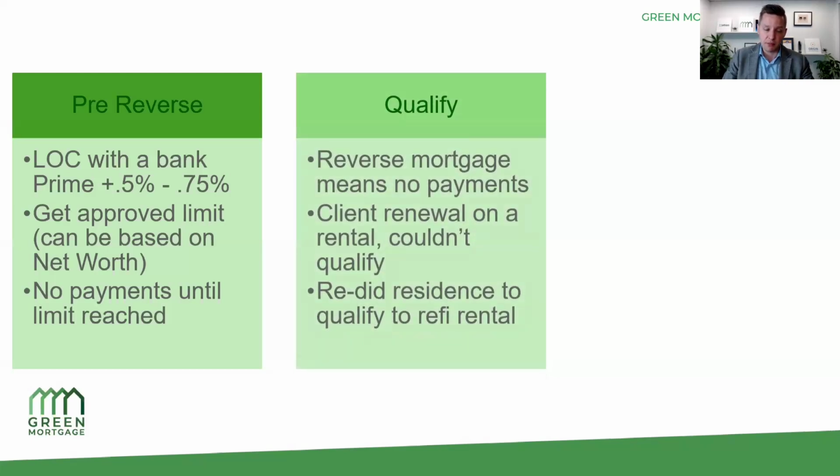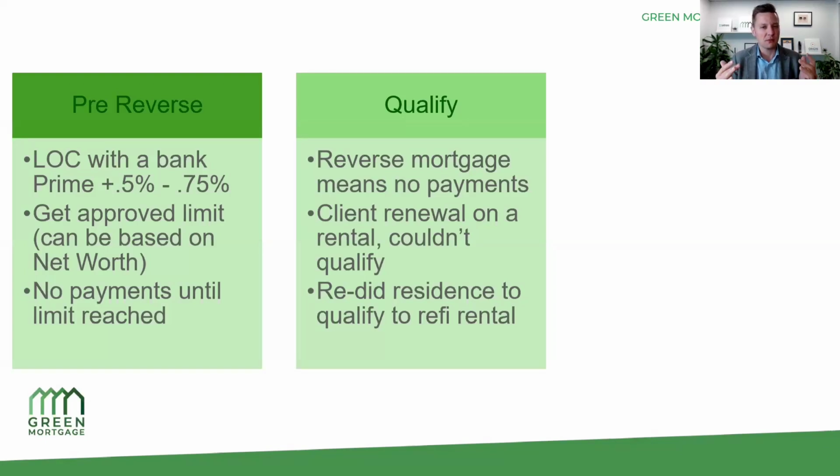We've used this on a couple of occasions now to qualify for another mortgage. A reverse mortgage means that there's no payments on the property. So if we had a client that had a residence and a rental, and both mortgages were coming up for renewal at the same time, and we just couldn't find a way of doing this without going into higher cost lending to restructure the portfolio, re-amortize the loans, get lower interest rates, lower the payments, and put them in a much better position.